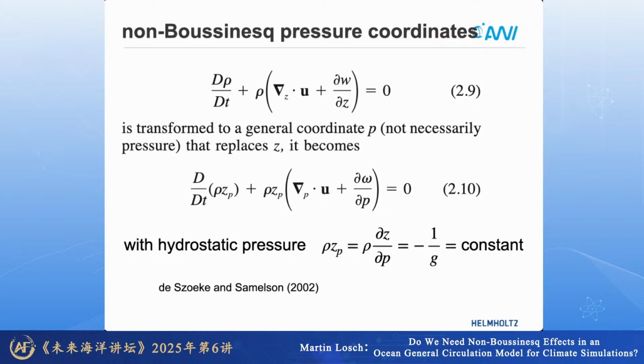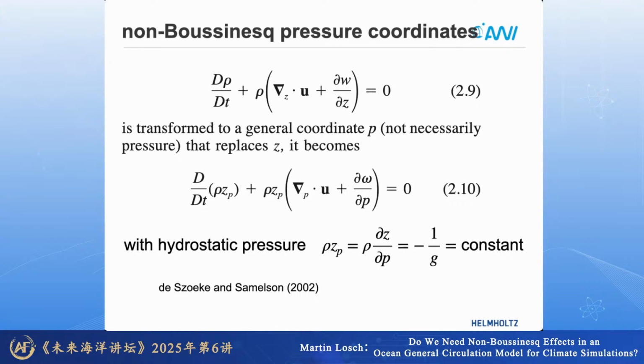And the vertical velocity term is replaced by some d omega over dp, where omega is something like a pseudo vertical velocity. And this is nice, right? Because it looks very similar to the original equation.